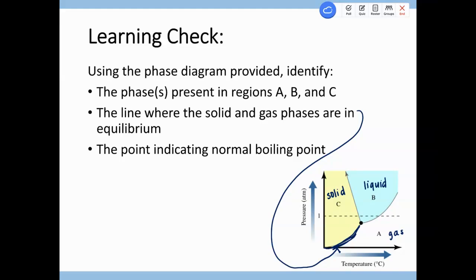So for the normal boiling point, we go across this line at 1 atm and find where liquid and gas are in equilibrium. And that intersection there is the normal boiling point. So right here, normal boiling point is at 1 atm and where liquid and gas are in equilibrium.